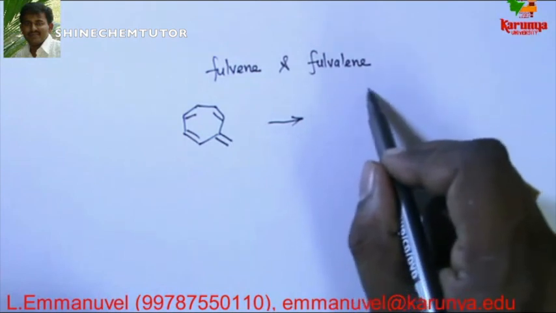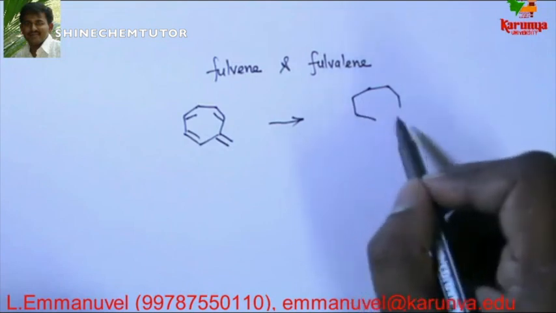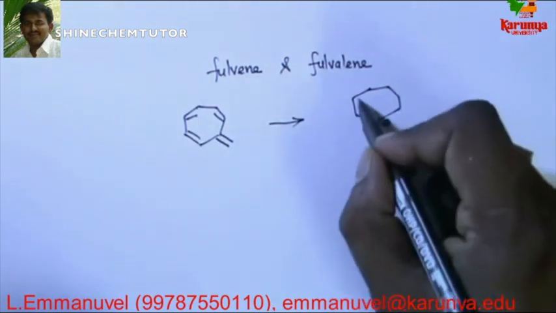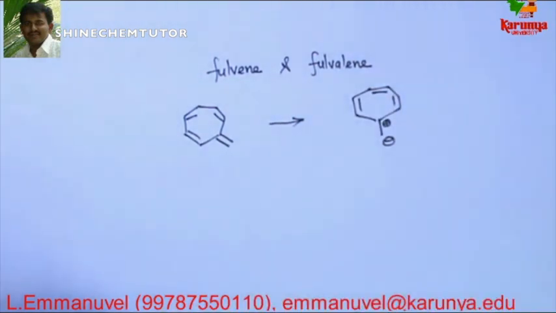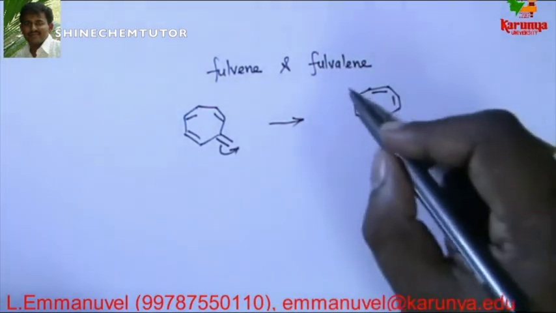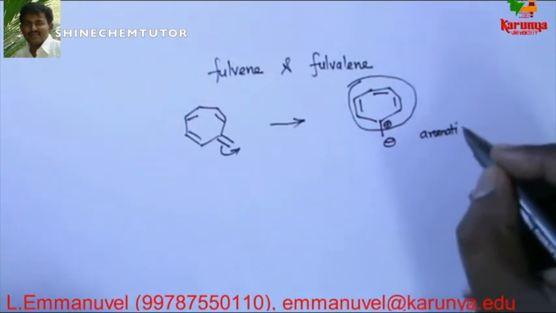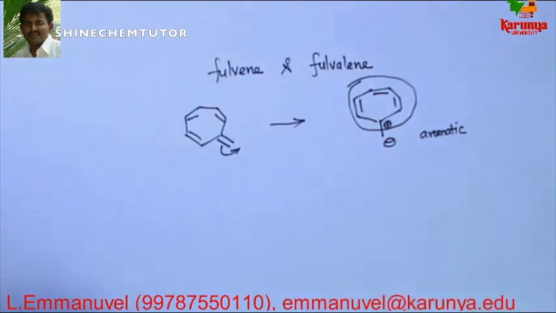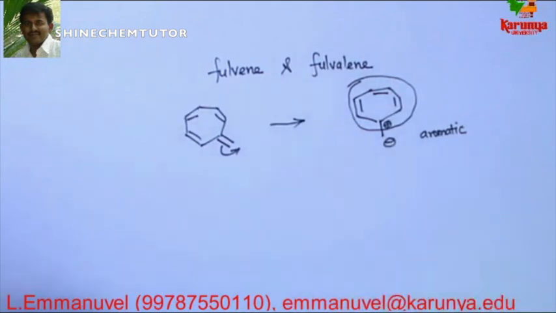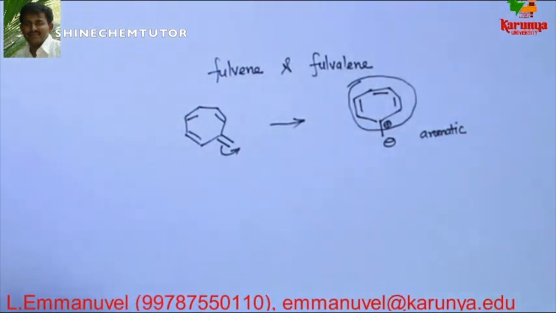The same compound, if it exists like this, then this ring becomes aromatic. So this is the driving force for this molecule to exist partially ionic.